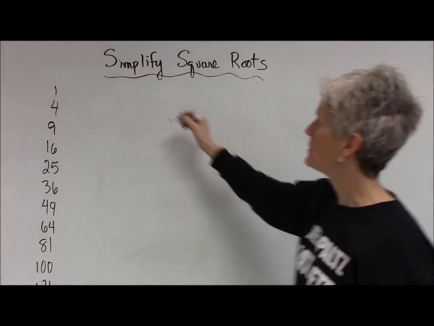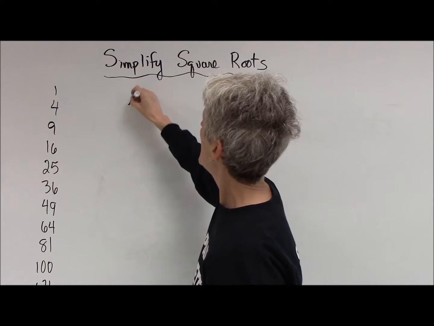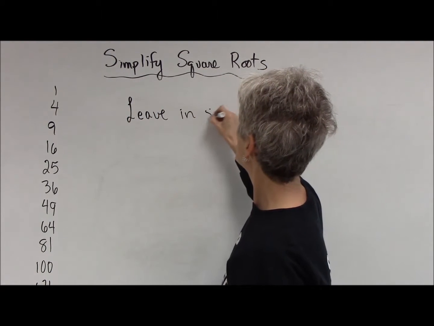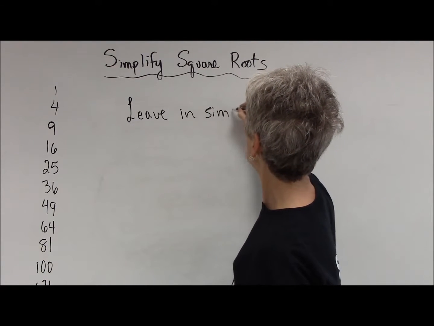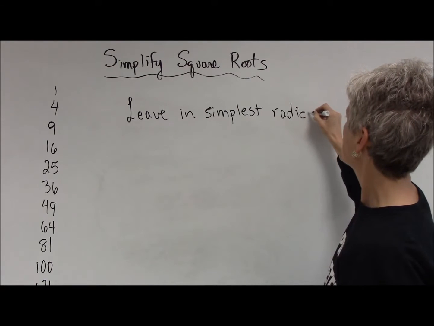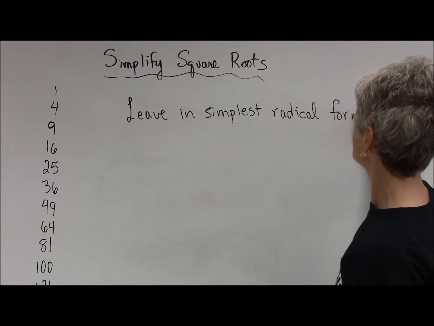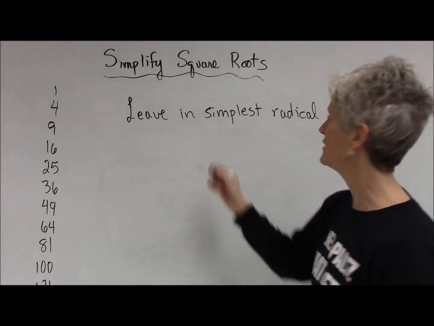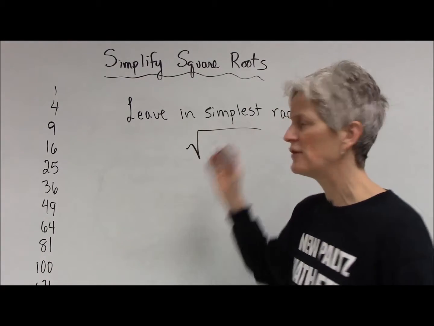So let's just do a couple of these. And again, our instructions would be leave in simplest radical form. If we're asked to do that, then this is how we're going to do it. All right, let's throw in a number there too.